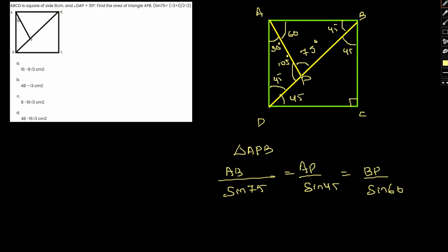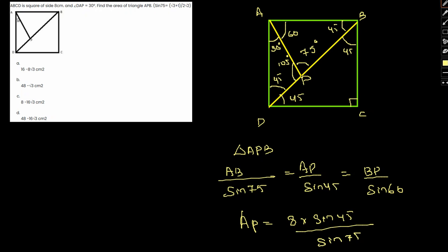Okay, so therefore if we again focus on the same, AP can be given as, we know AB is 8, so 8 into sine 45 by sine 75.